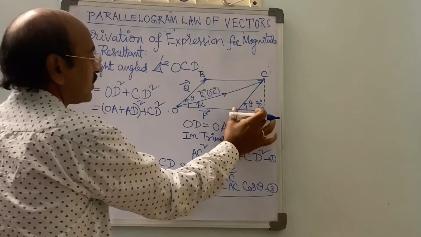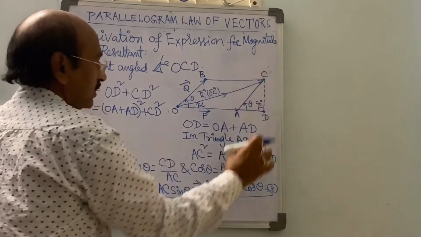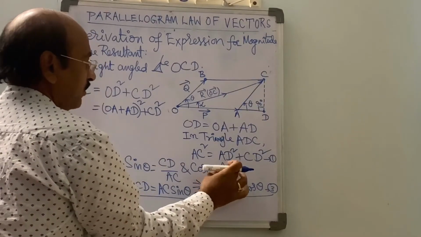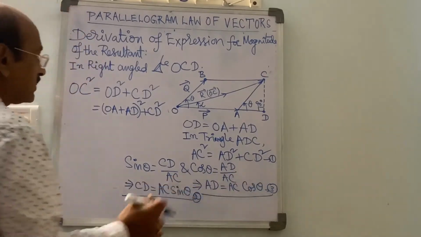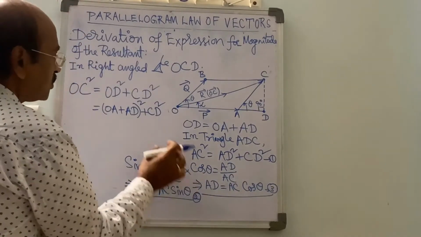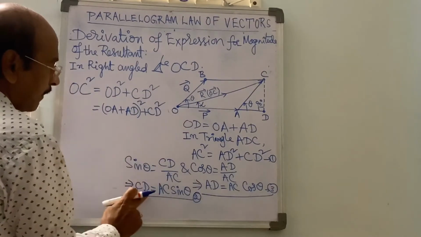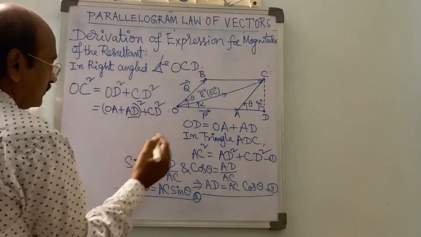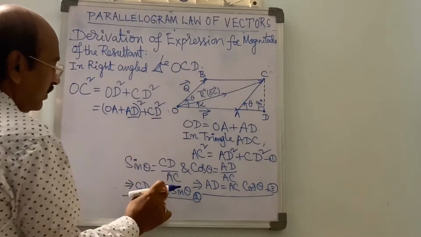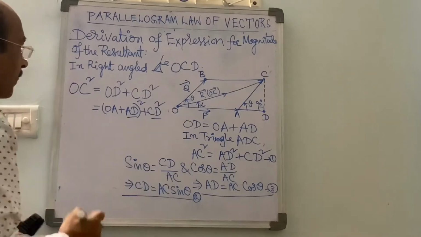Similarly, cos theta is equal to adjacent side by hypotenuse, AD by AC. From this, AD equals AC cos theta and CD equals AC sin theta. Now we substitute the value of AD from 3 here and the CD value from 2.